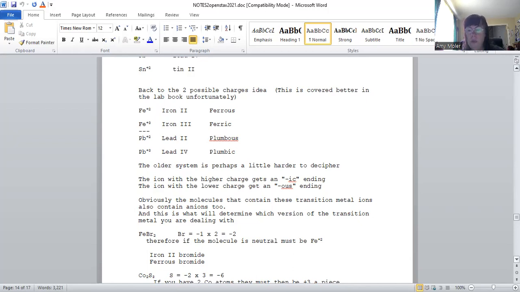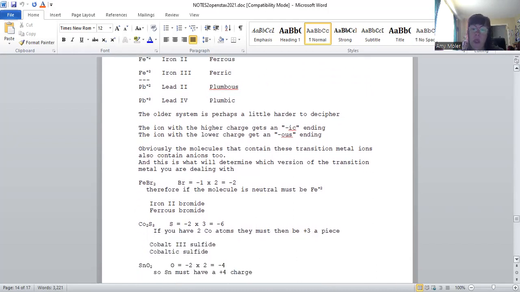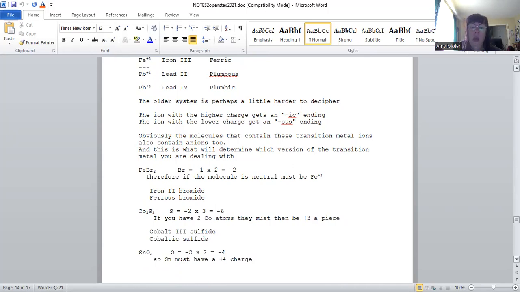So the older system, which I often refer to as the -ic and -ous system, does have a rule or a pair of rules, but I will be honest and say that there's a lot of memory involved here because knowing the rules doesn't help as much as you might hope. The rules say the one with the higher charge gets the -ic ending.